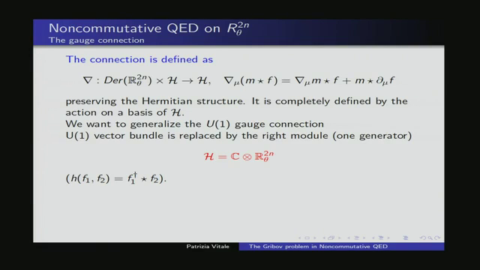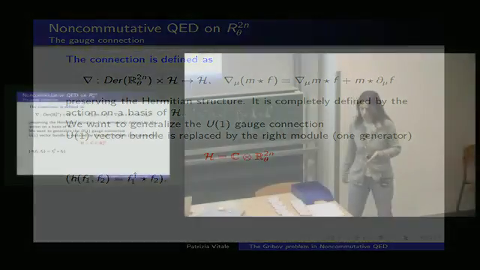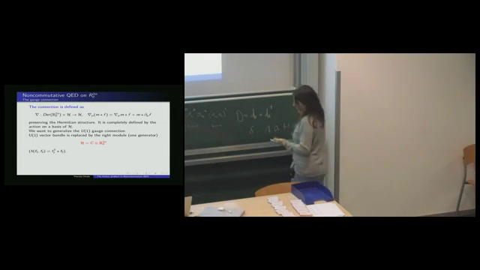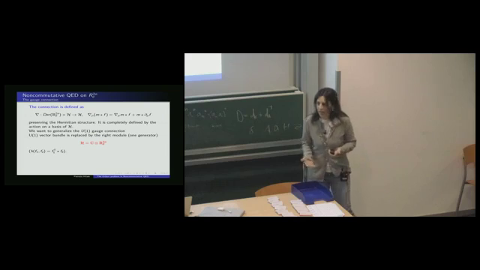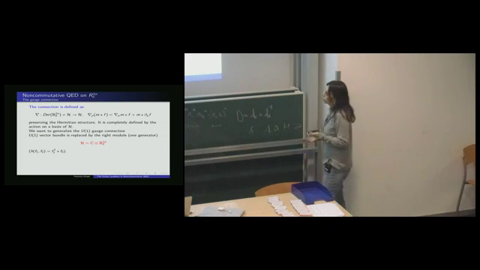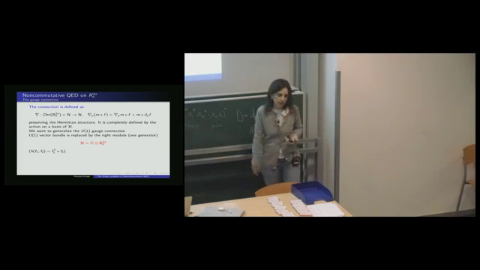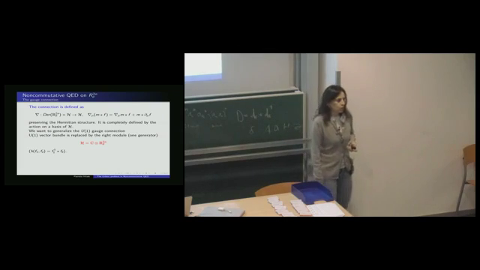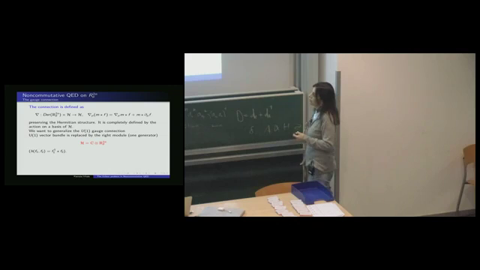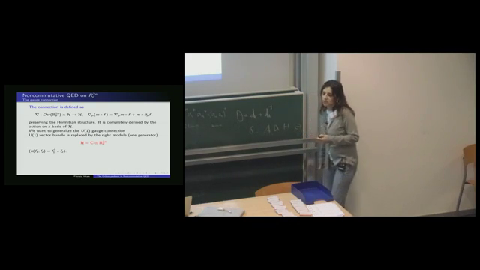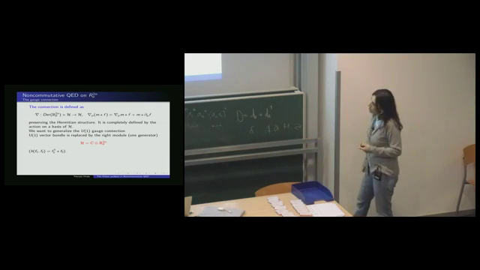a basis in H. So we want to concentrate on QED, which means that we want to generalize the U(1) connection to the non-commutative case. So the module will have just one generator because I have U(1) here. Then it will be of this form here. This is the module part, and this is the algebra of functions.